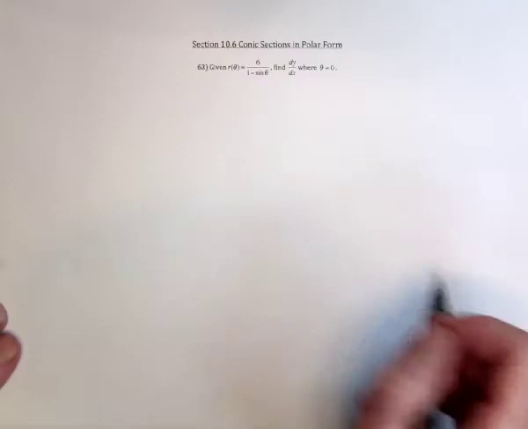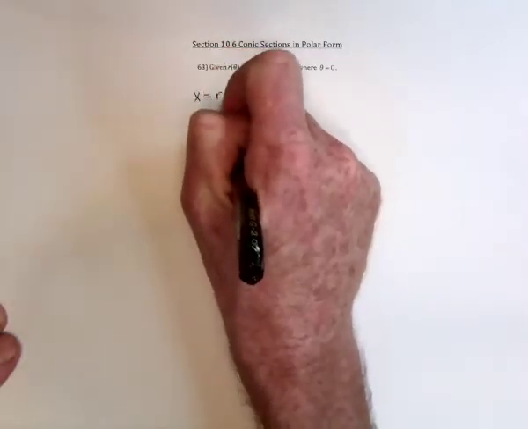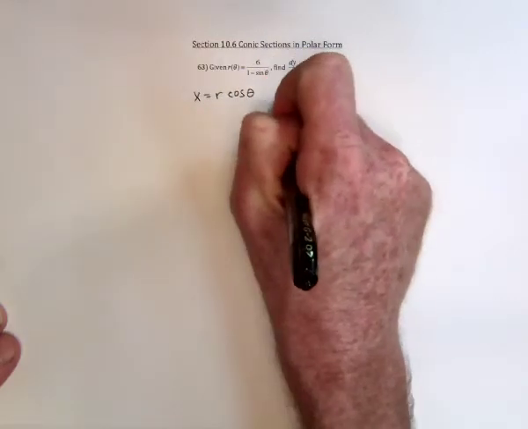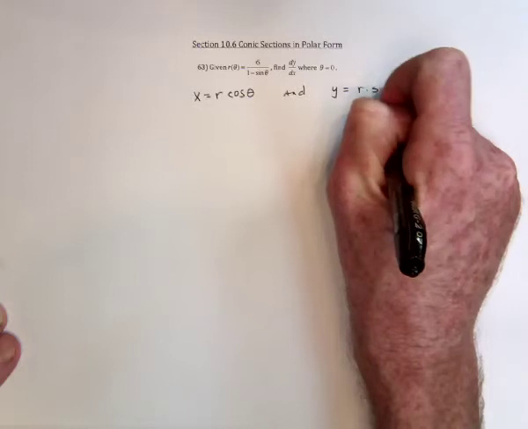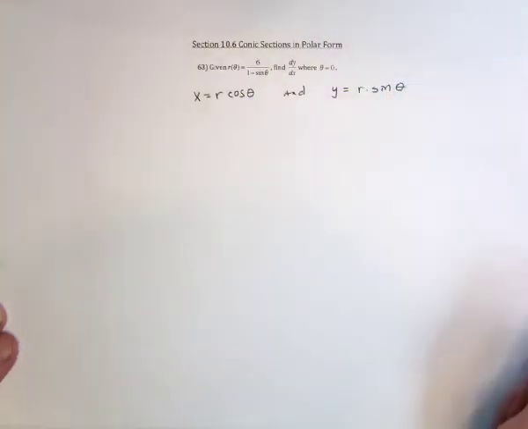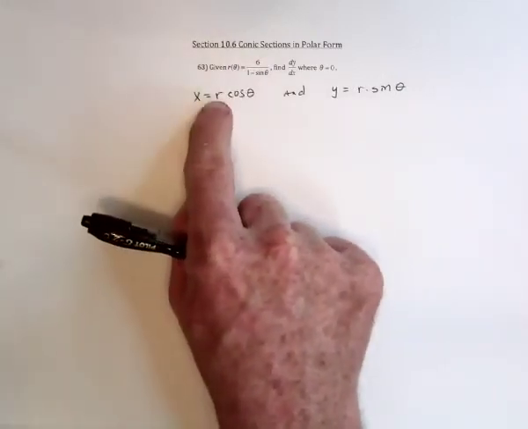So we can use formulas like x is equal to r cosine theta and y is equal to r sine theta. Those two equations are always true. Then, in our case, we can substitute in for r.